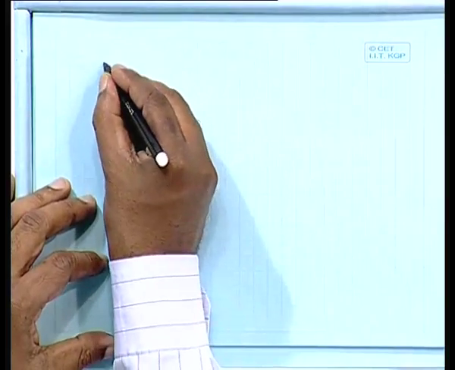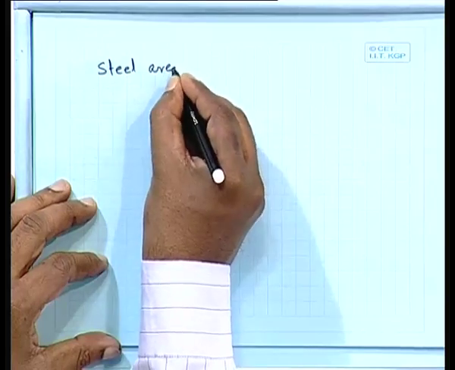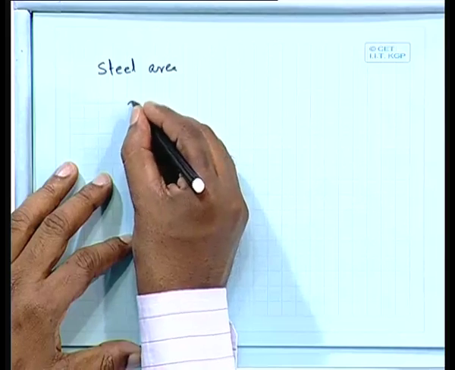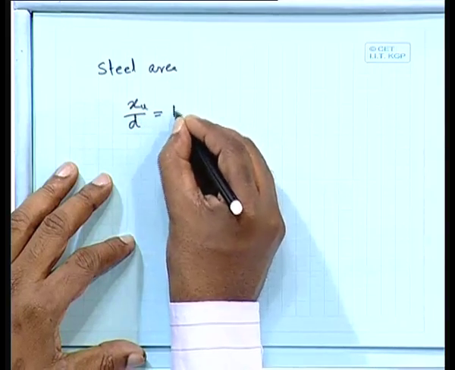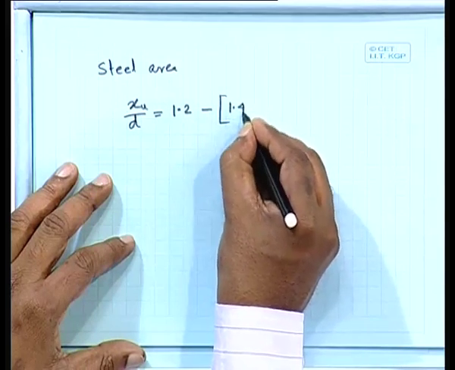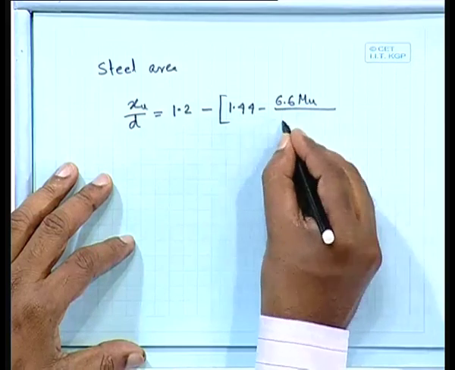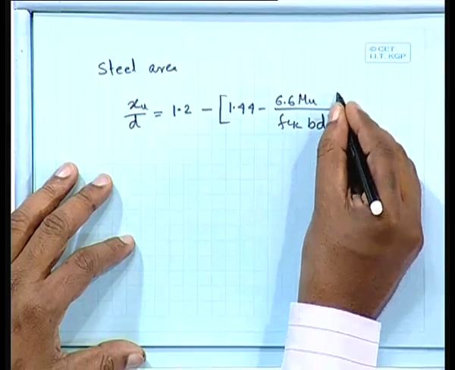Now, we have to provide the steel area. So, the same way, we can find out xu by d: 1.2 minus root over (1.44 minus 6.6 mu by fck B d square).